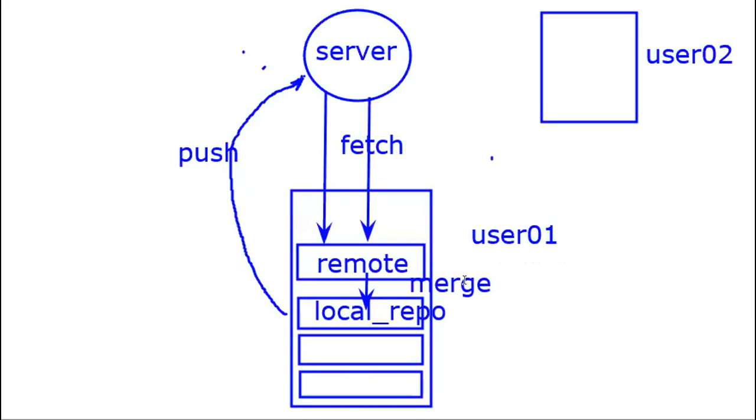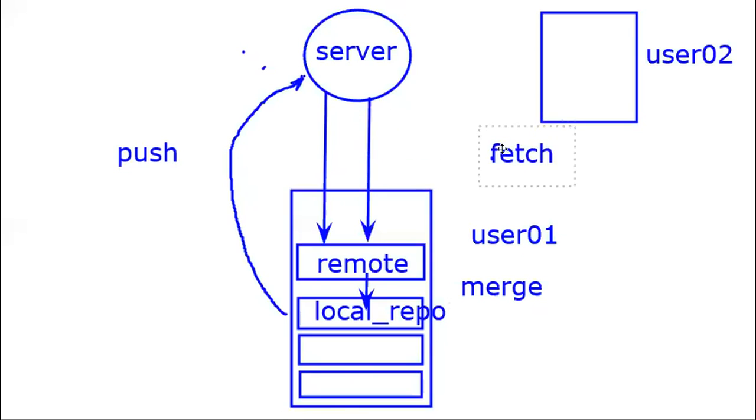Let me write something here and make it better so it will help. This is called a fetch, this is called a merge process, and this is called a push.